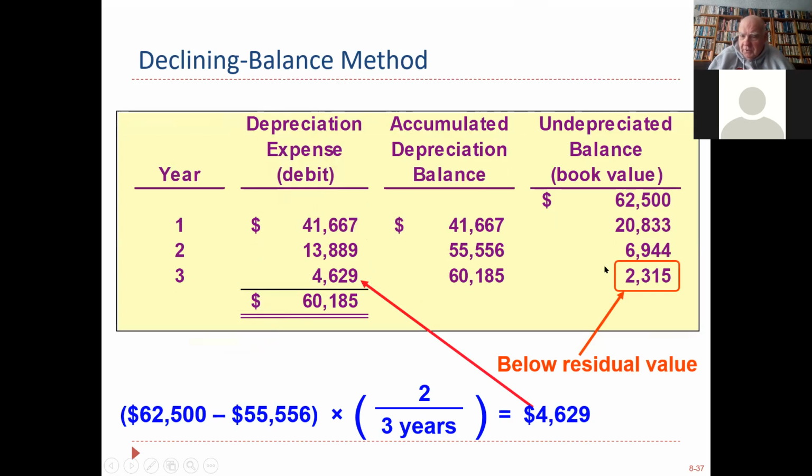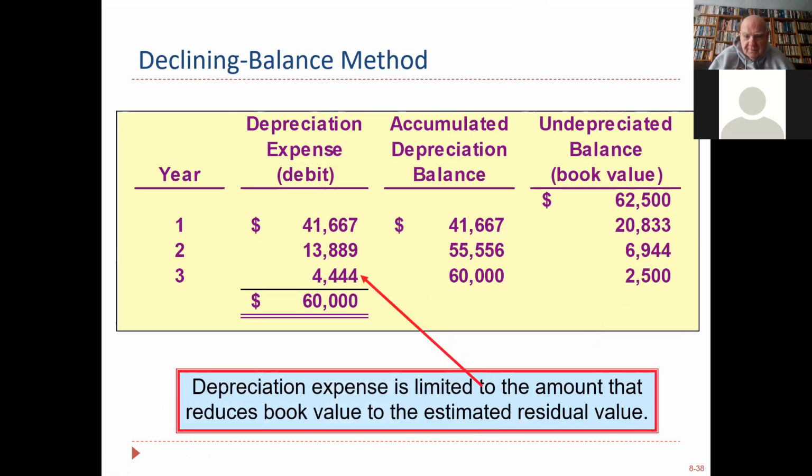But we have a little clunker here. We have a bit of a problem here because the net book value fell below residual value. We can't have that. So we're under that amount by $185. That means that we have to make an adjustment here and reduce this depreciation expense.